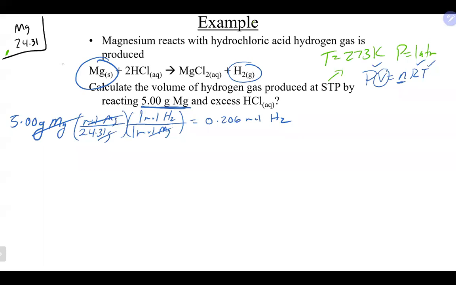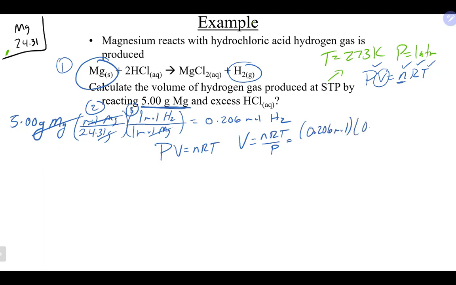In this case, this would be step 1, step 2, and then our step 3, converting to the moles we're looking at. That also gives us the missing piece that we need for the ideal gas law. We could take the ideal gas law and solve for V, which would be nRT divided by P. This gives us moles of 0.206, our gas constant, our temperature, which would be 273, all divided by our pressure, which is 1 atmosphere.